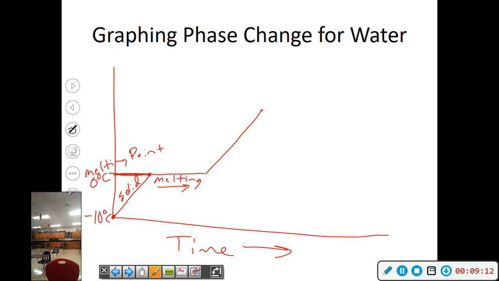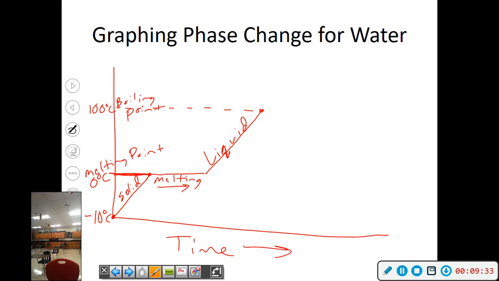Then you're going to reach another temperature here. This is 100 degrees Celsius, and this is our boiling point. When we reach our boiling point, the liquid is now changing into a gas.